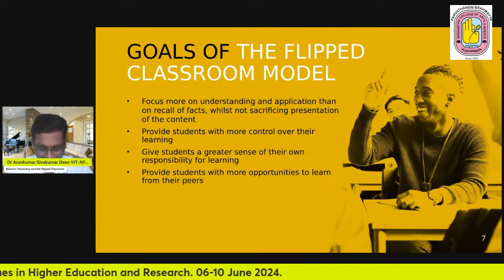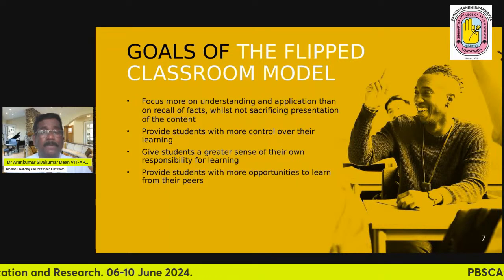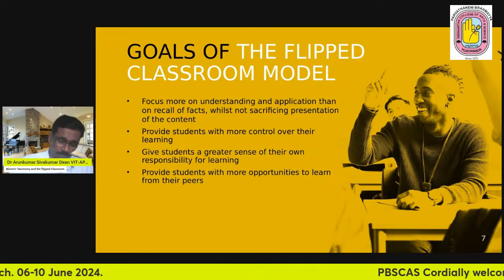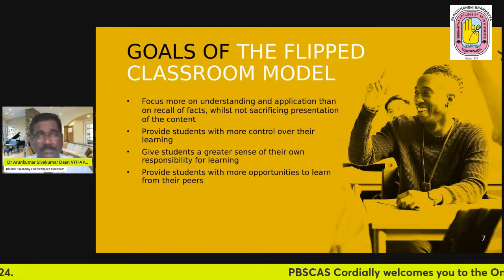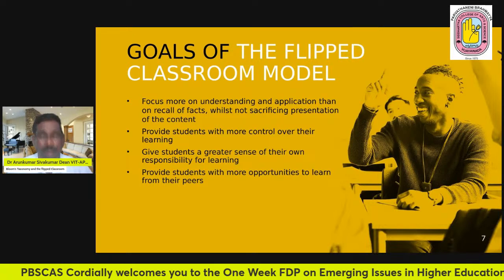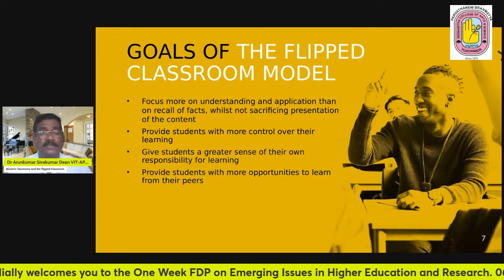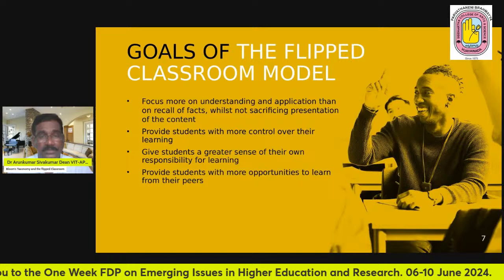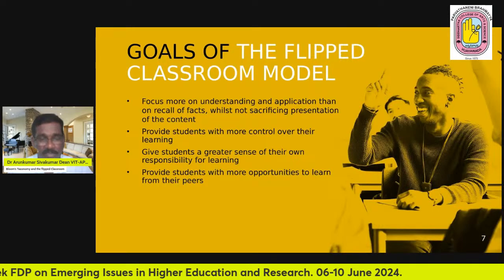Look at the line: peer learning is very, very important, because when students are asked to prepare for the class and come to the class, each student inside the classroom will give you their insights.